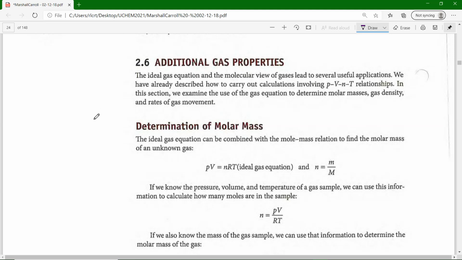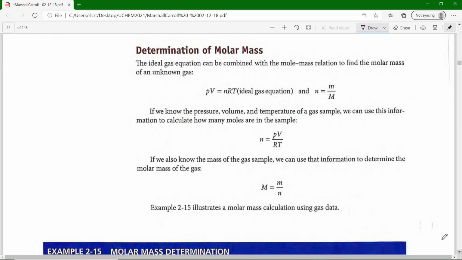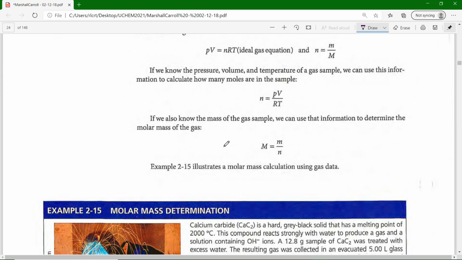Determination of molar masses. We know that n is PV over RT, but we also know that the molar mass is m over n. So then we can write that the molar mass is mRT over PV.